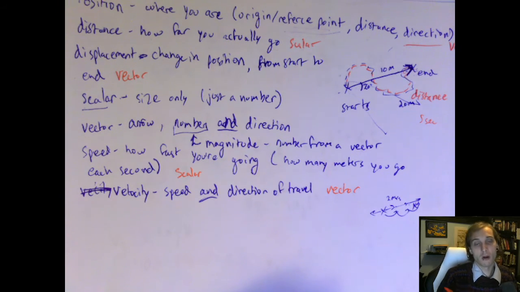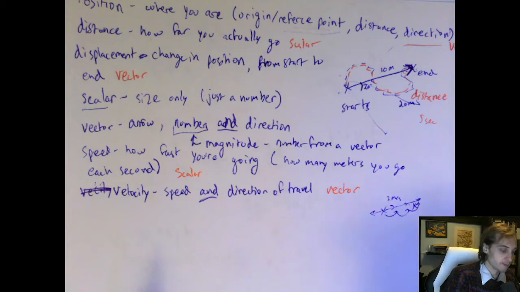Even if I didn't go at a constant speed the whole time, meaning my speed didn't stay the same the whole time, what I could do is figure out how fast I would have had to go at a constant speed and still get the same distance in the same amount of time. That would be my average speed.